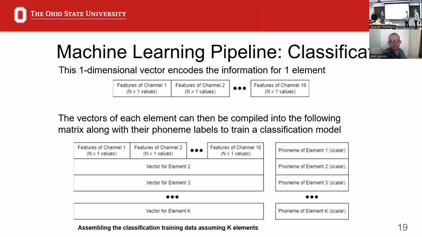Oh, I see, that's what an element is. We have K elements, and you still have N by 1 for each of 16 channels, which you concatenate. Exactly, so the total dimension of this vector is actually N times 16 by 1. Okay, thank you, that clarifies.